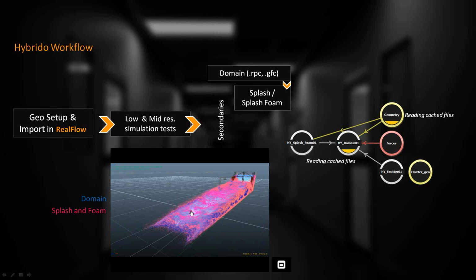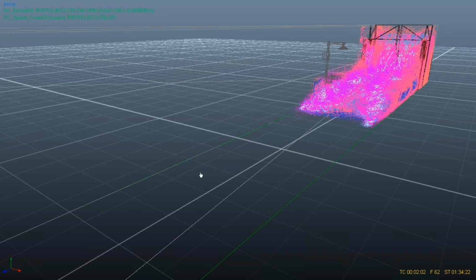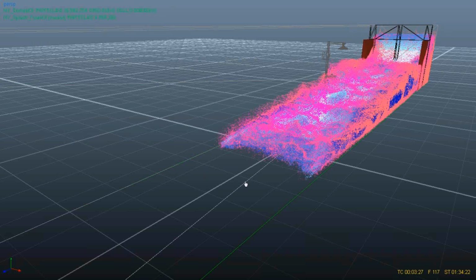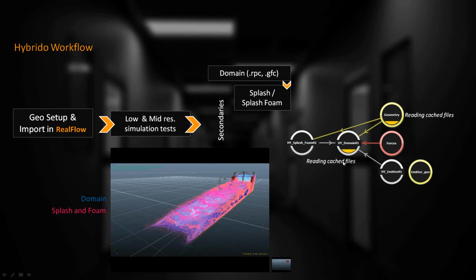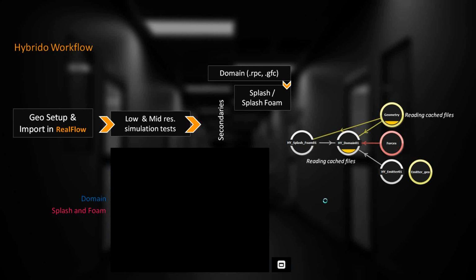We can even watch it in full screen mode. So what we're going to do is cache the domain and the geometry. We don't want to recalculate the simulation here. We want RealFlow to read the cached SD files that we exported directly from the hard disk drive, and we are going to keep this enabled.